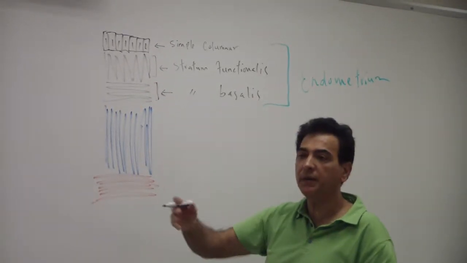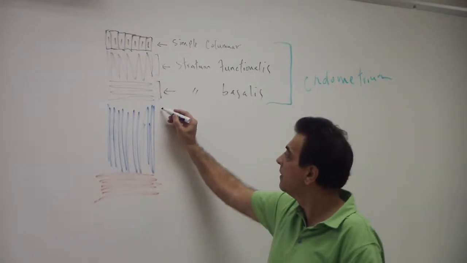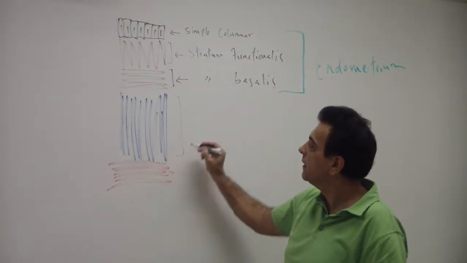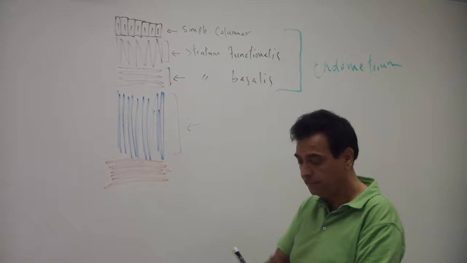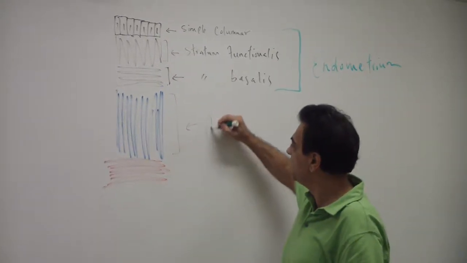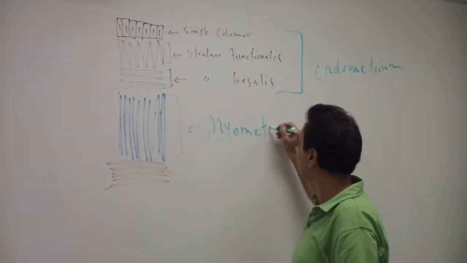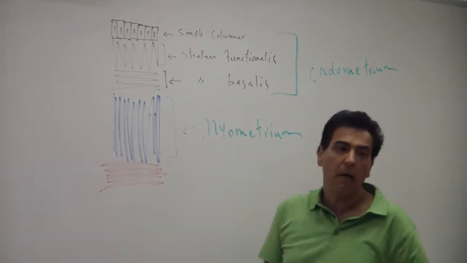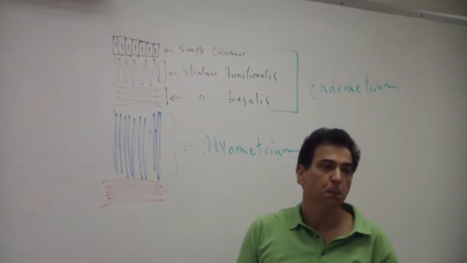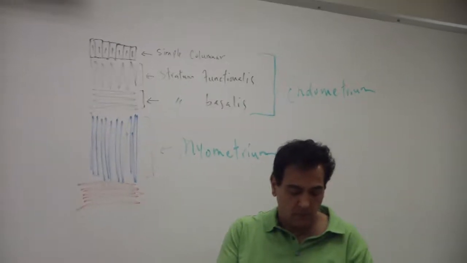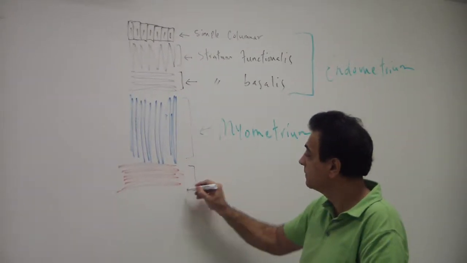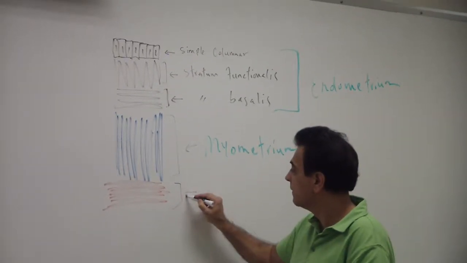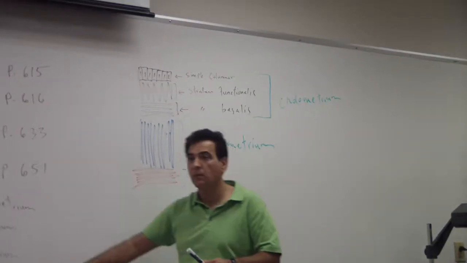The bulk of the uterus, as you see, is made up of muscle. The middle layer, that would be what? The myometrium. And then the outermost layer, what was the outermost layer?